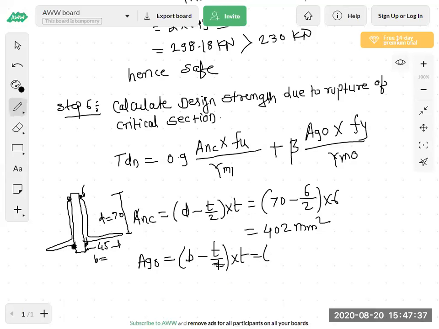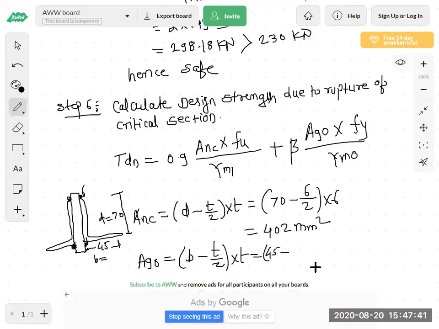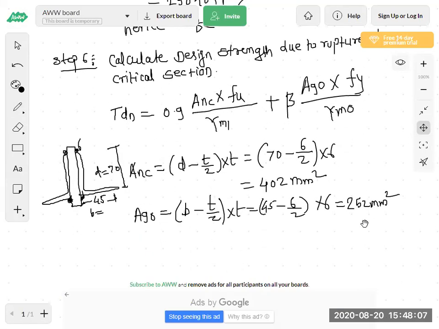Now b is 45 minus 6 by 2 into 6. So the gross area of outstanding leg is 252 mm square.